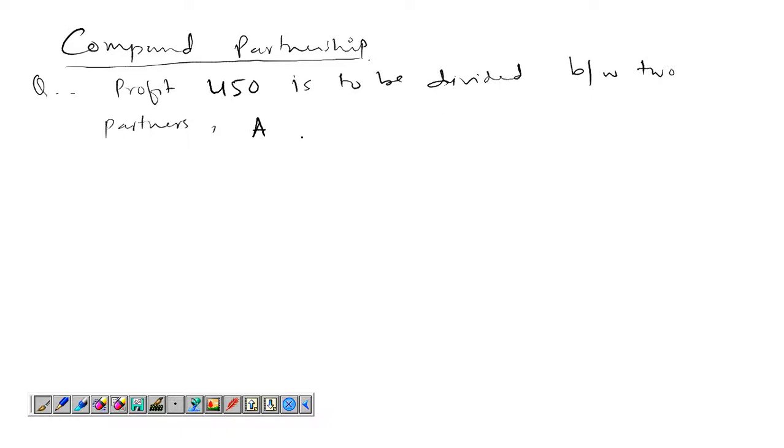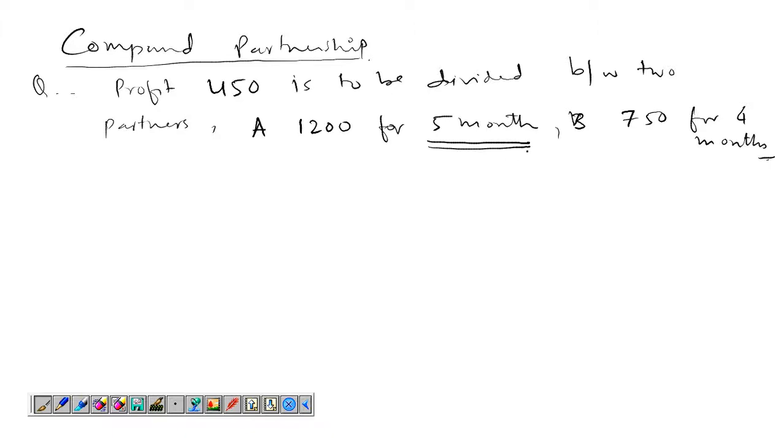One, A, who has invested 1200 rupees for 5 months, and another, B, who has invested 750 rupees for 4 months. Now we can simply see the capital invested is different. That's okay, it goes with the simple partnership as well, but the period of investment is also different. Here it is 4 months, and with A it is 5 months. So this is compound partnership.